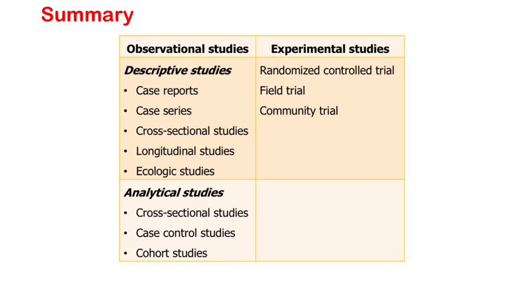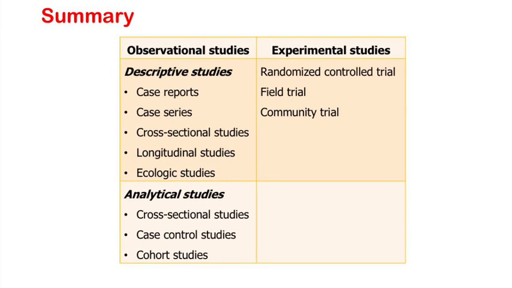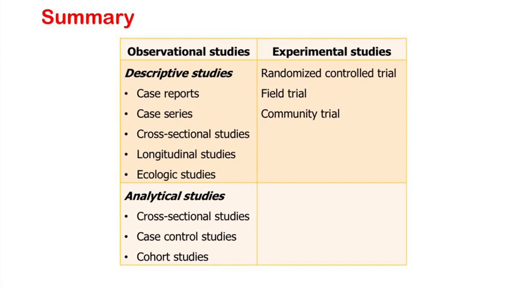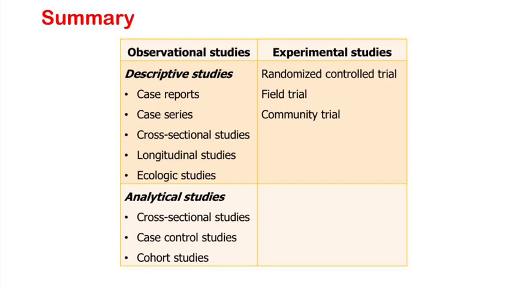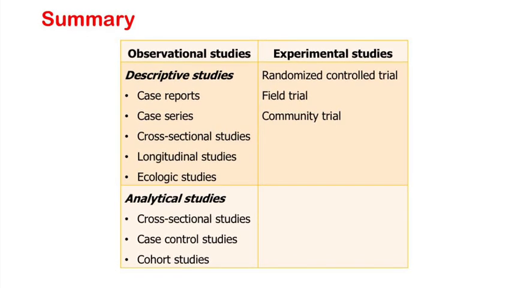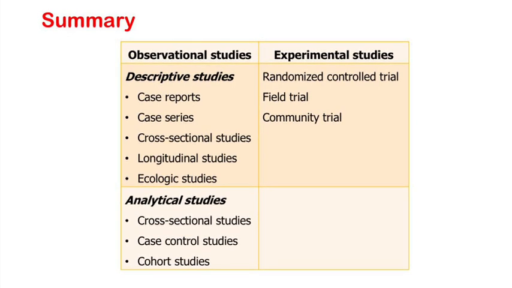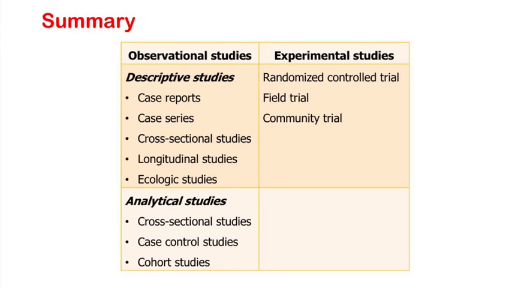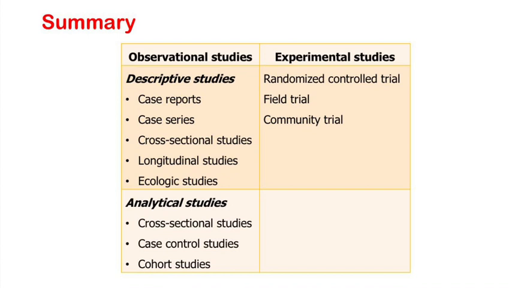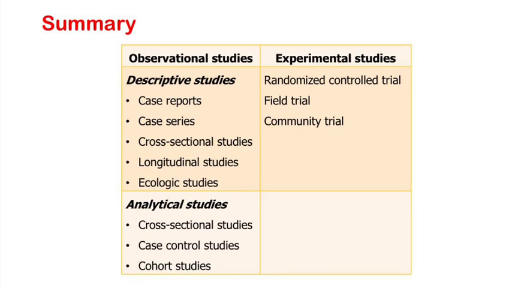So different study designs can be used. It depends upon our feasibility. Suppose we are doing cohort design, we have to follow for a long time, and it will be very expensive. For rare outcome, we have to use case control study, because we are beginning the case control study with outcome, with the diseased and non-diseased.